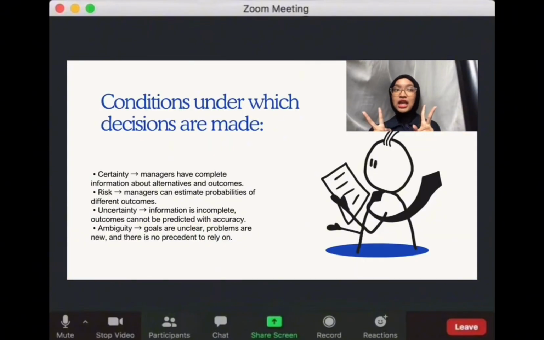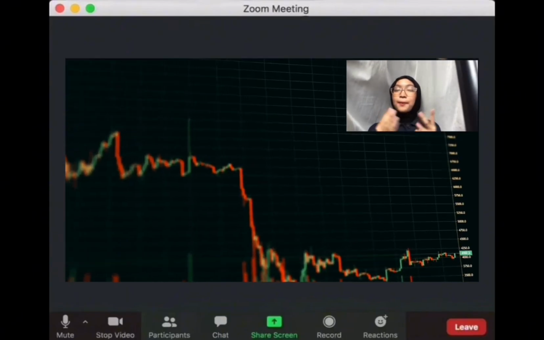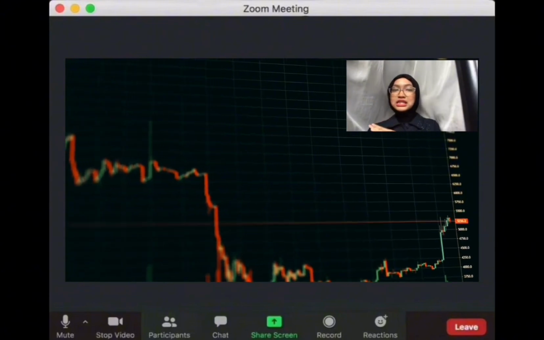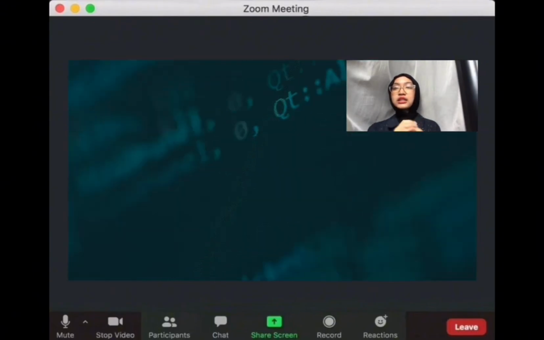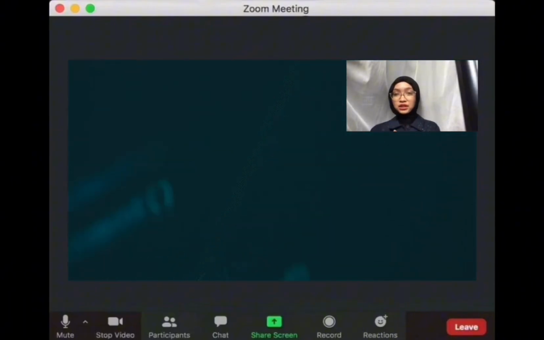And the second is risk. Risk is when the outcome is not guaranteed, but probabilities can be estimated. The third is uncertainty. This is when the information is incomplete and outcomes are unpredictable.